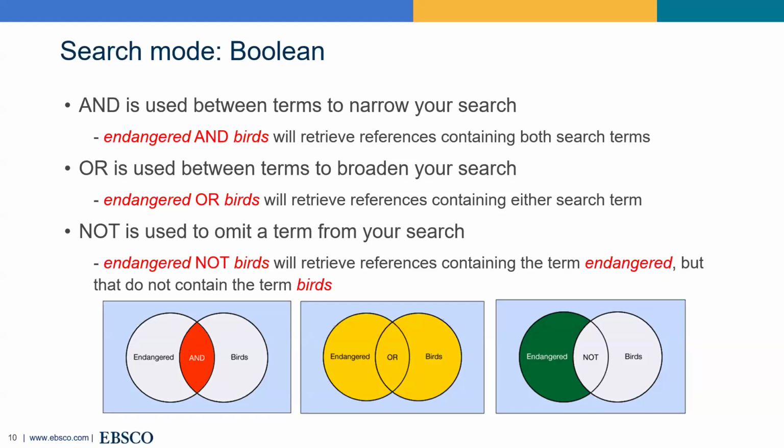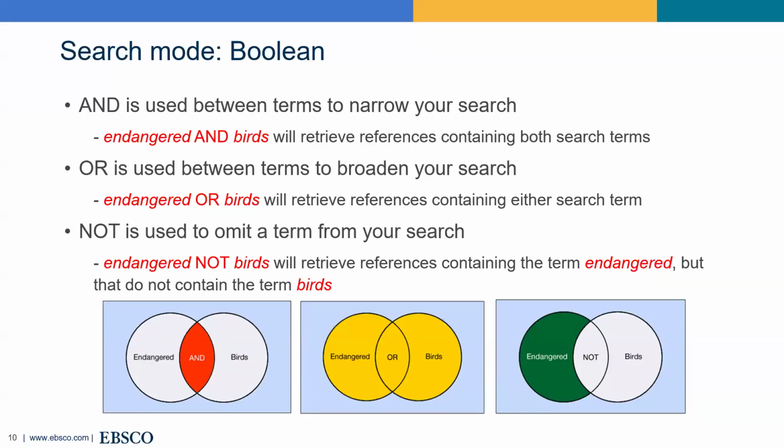So I'm not going to get articles about birds that have nothing to do with endangered, and I'm not going to get articles about endangered that have nothing to do with birds. I'm only going to get articles that are about both endangered and birds. That's illustrated for you in the infographic at the bottom of your screen in that reddish orange color. So it's like the overlap in a Venn diagram.